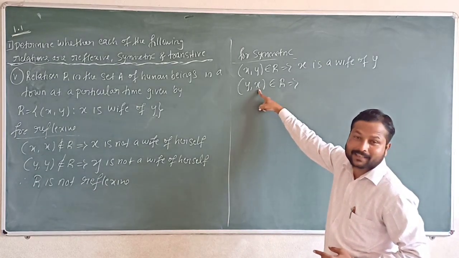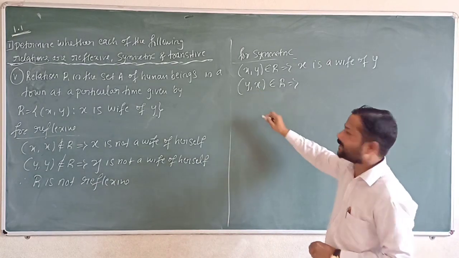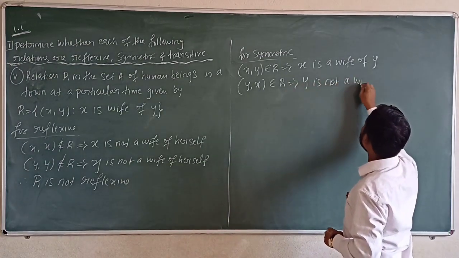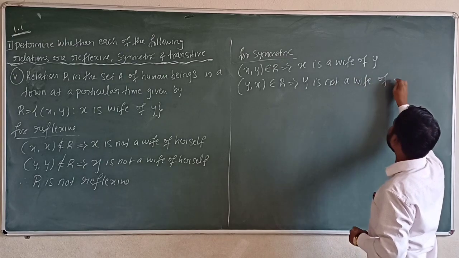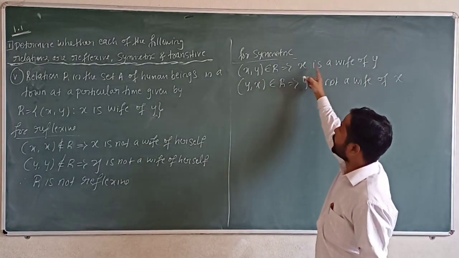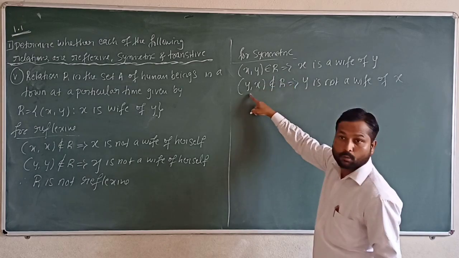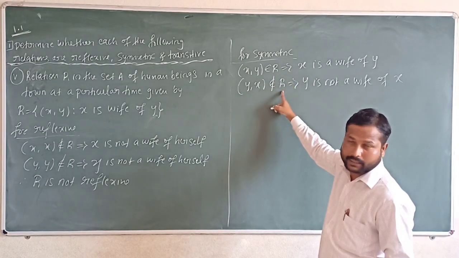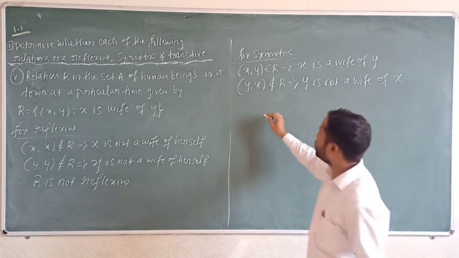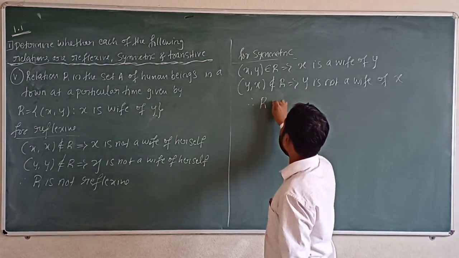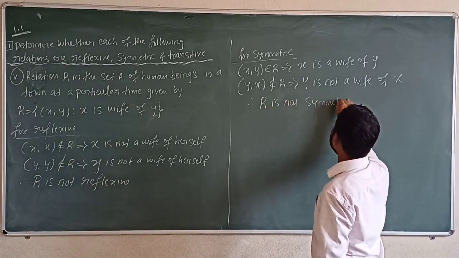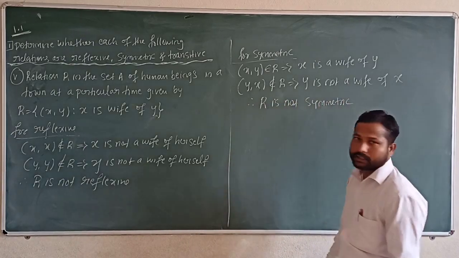Whether wife or husband, y is not a wife of x here. Now (x, y) belongs to R is satisfied, but (y, x) is not satisfied. Correct? (a, b) belongs to R, but (b, a) does not belong to R. So therefore R is not symmetric. R is not a symmetric relation now.